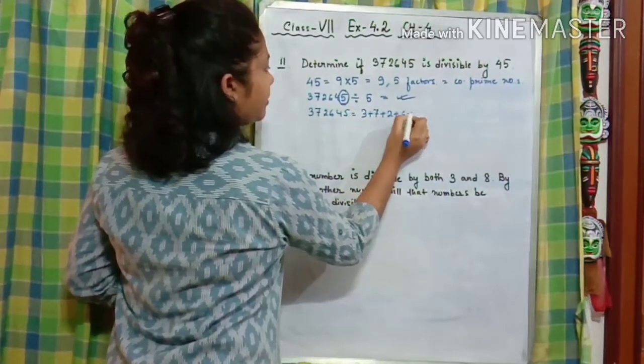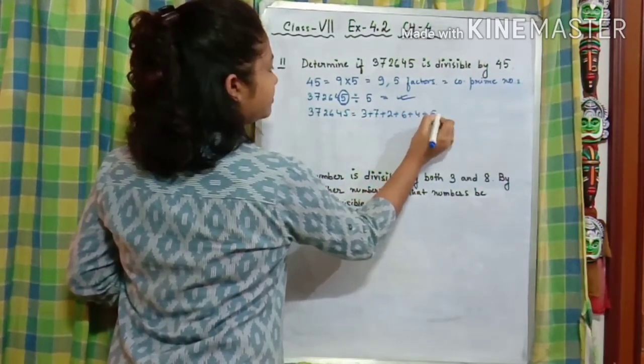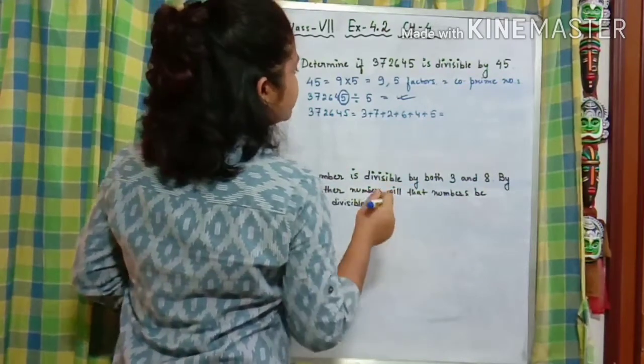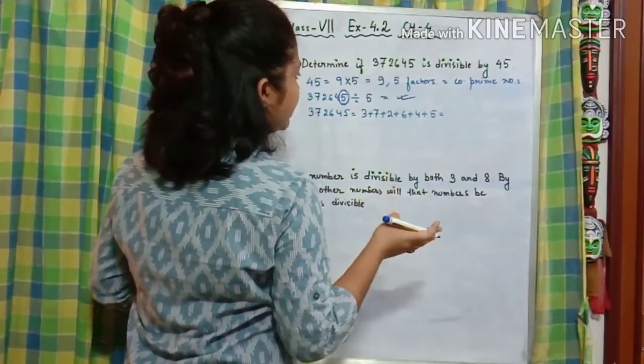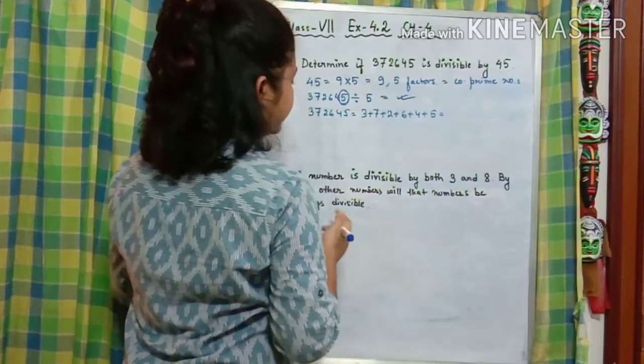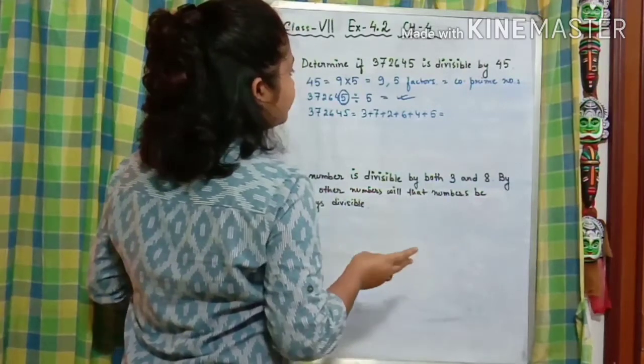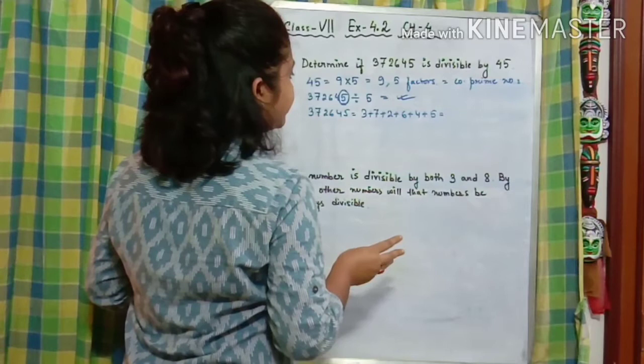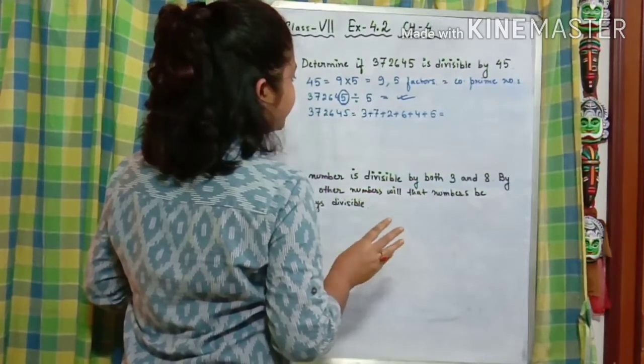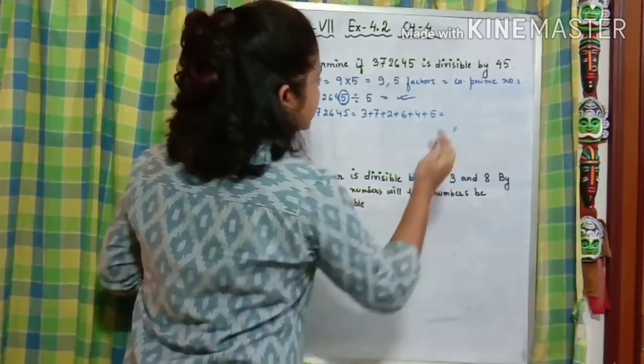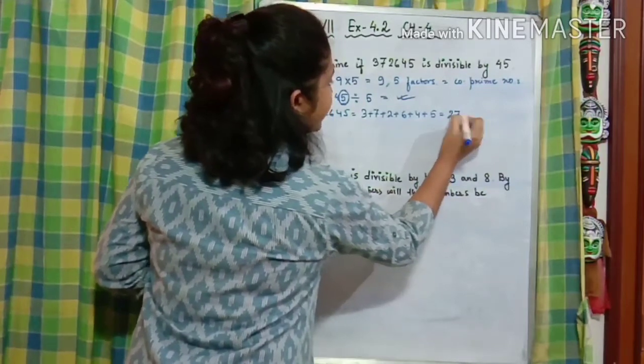Let's sum it up: 7, 8, 9, 10, 11, 12, 13, 14, 15, 16, 17, 18, 19, 20, 21, 22, 23, 24, 25, 26, 27. So the sum is 27.